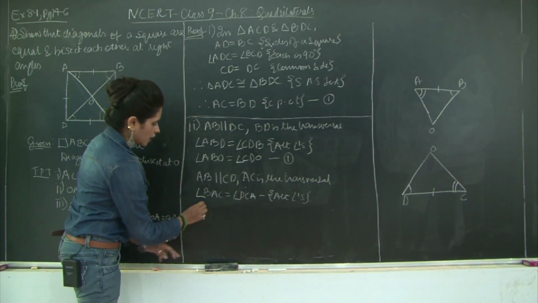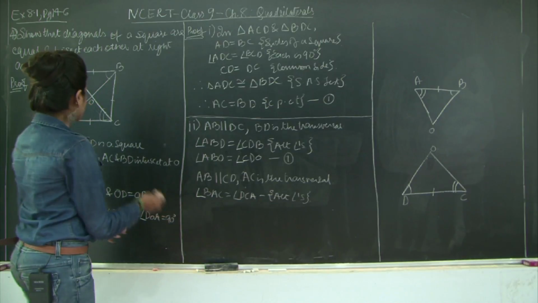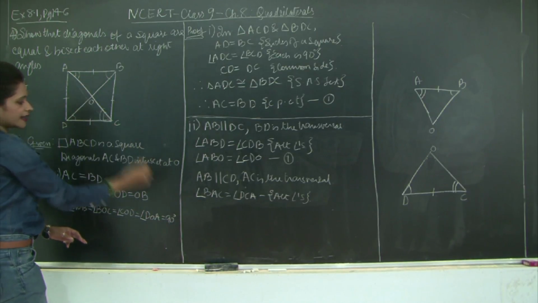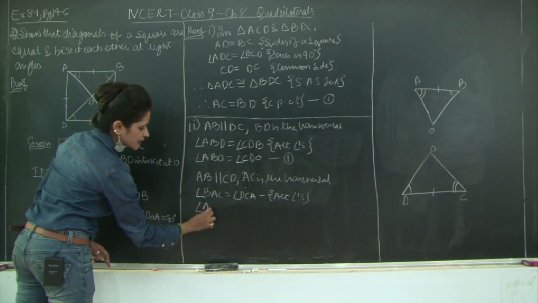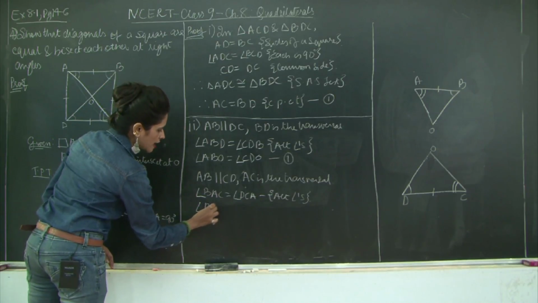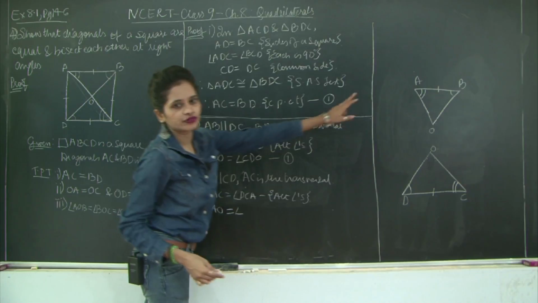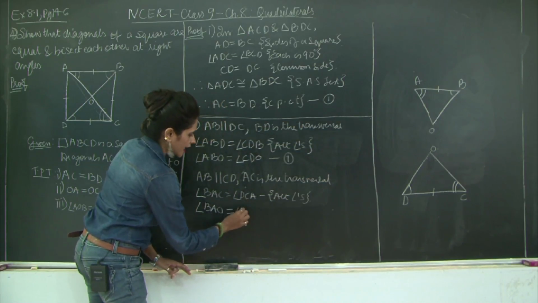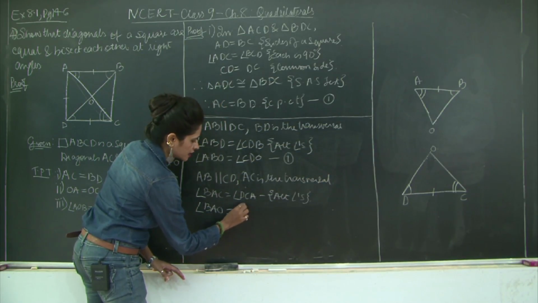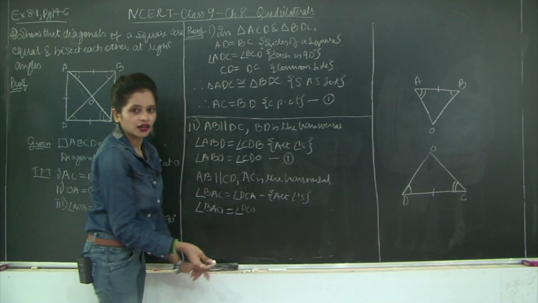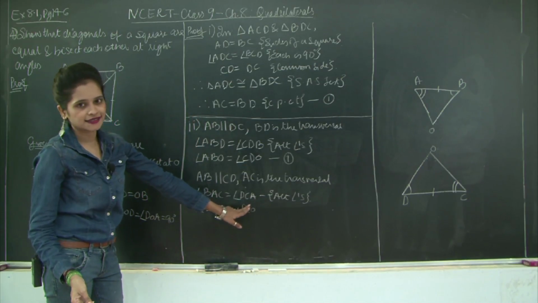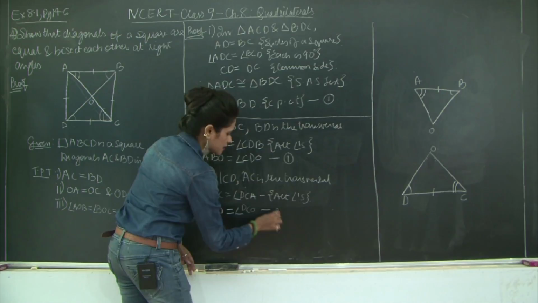So, again O lies on my line segment AC. Therefore, instead of saying BAC, I am going to say BAO. So, why am I taking BAO instead of BAC? It is because we need to prove these two triangles congruent. And here again I am going to say DCO because again O lies on the line segment AC or CA, and I will mark this as 2.